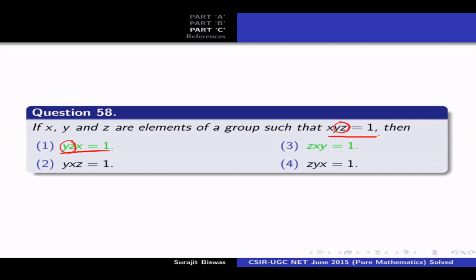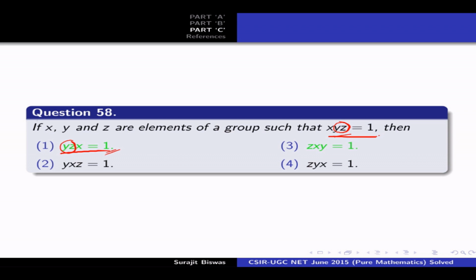So if we multiply both sides from the left by x inverse, then we have yz equal to x inverse, and both are equivalent to that. This basically follows from the property that the left inverse and the right inverse are the same inside a group.